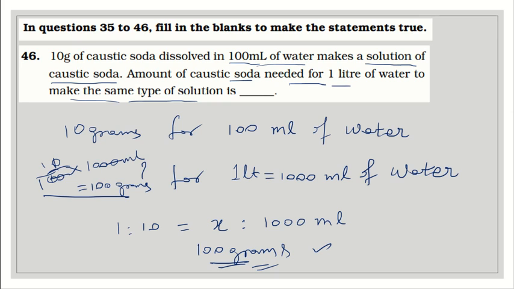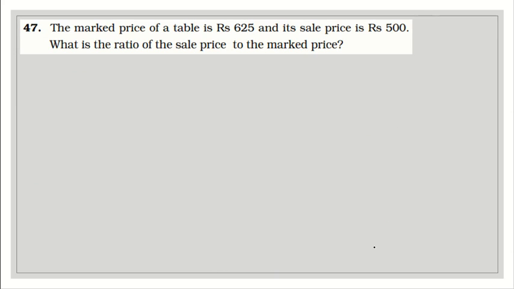Now we will move on to question number 47, where from 47 onwards we have short answer type or long answer type questions. The 47th question is: market price of a table is rupees 625 and selling price of the same table is rupees 500.